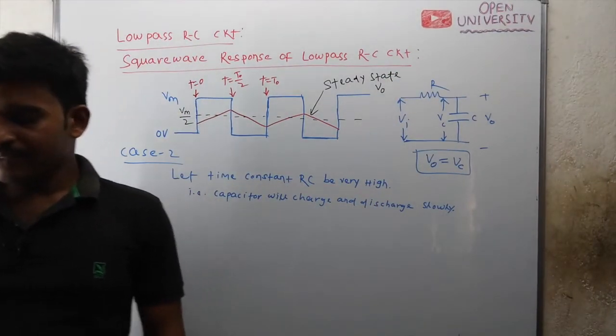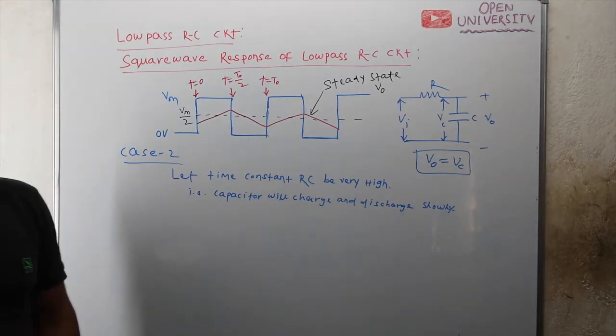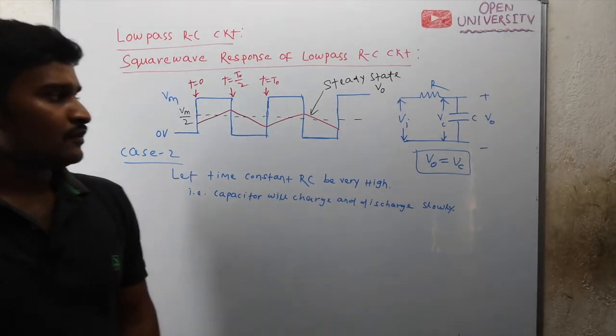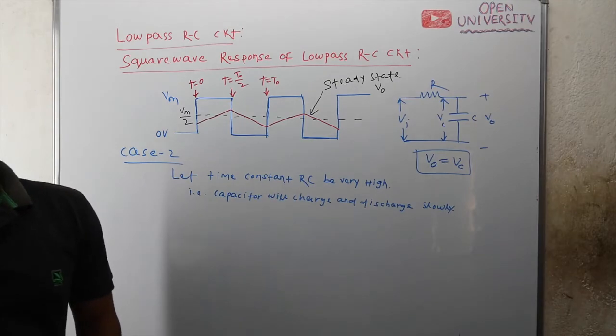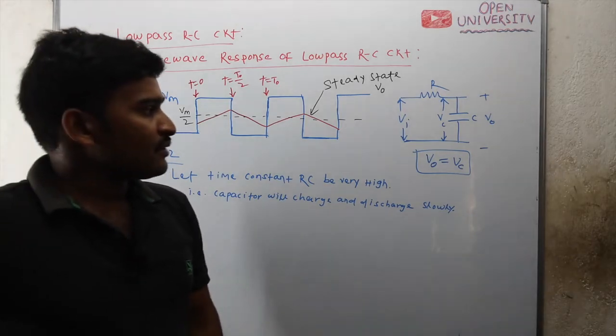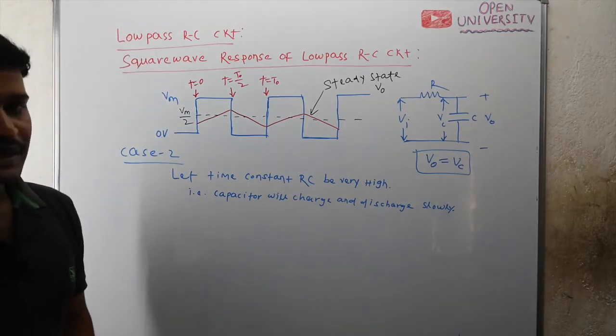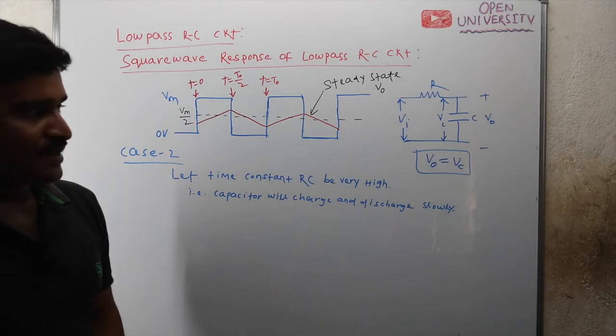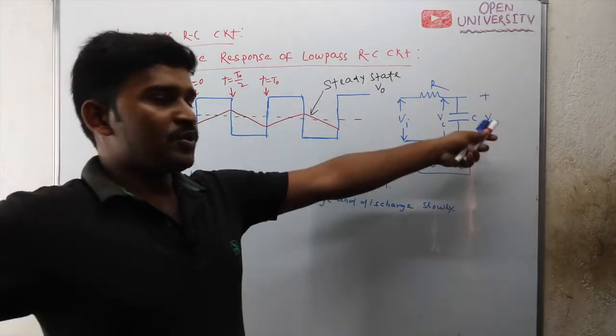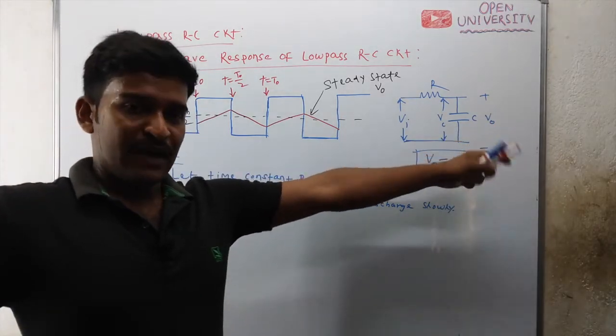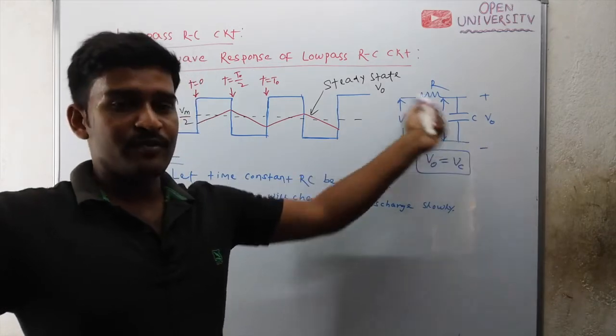Write down. When the capacitor reaches steady state, the DC voltage across the capacitor becomes Vm by 2. DC voltage across the capacitor means output voltage. DC voltage of the output waveform becomes Vm by 2.